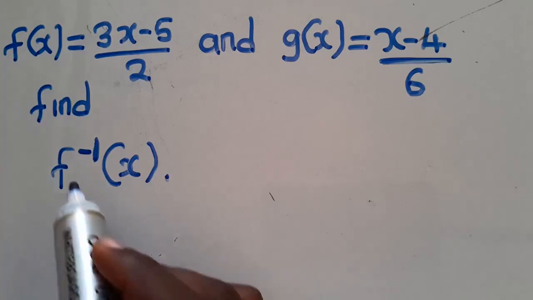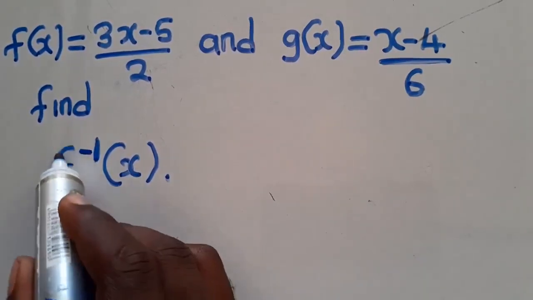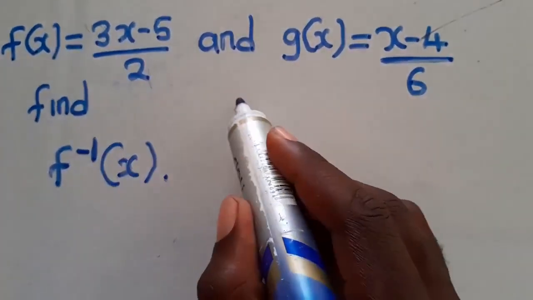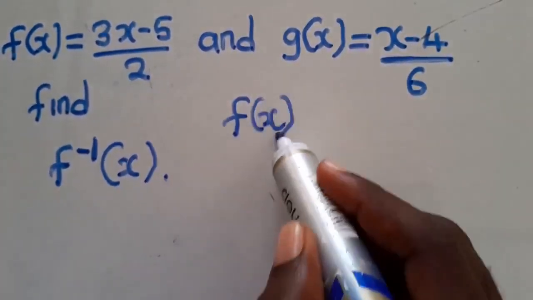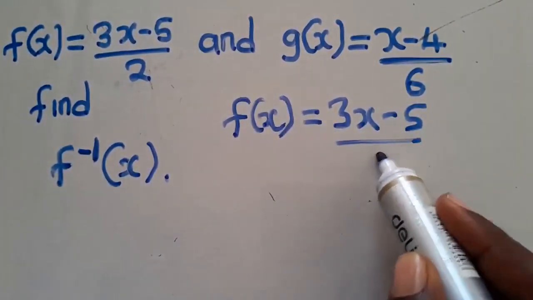You ask yourself, where is the function f coming from? It's coming from that one. That is the parent. So the parent is f of x is equal to (3x minus 5) over 2.